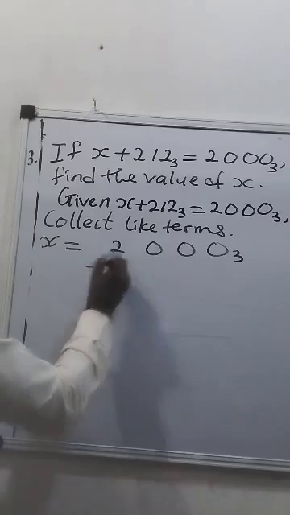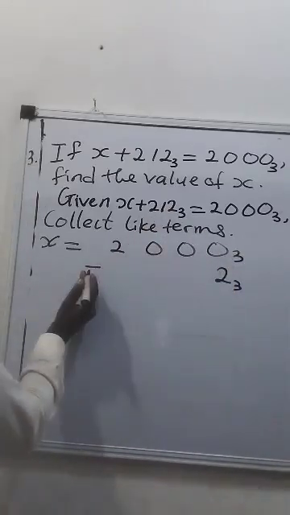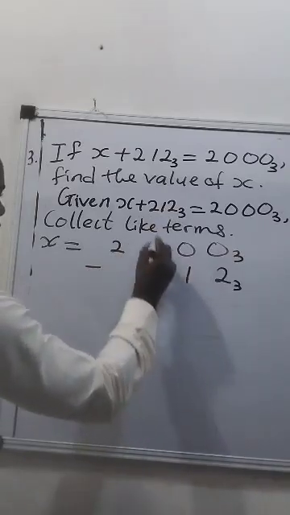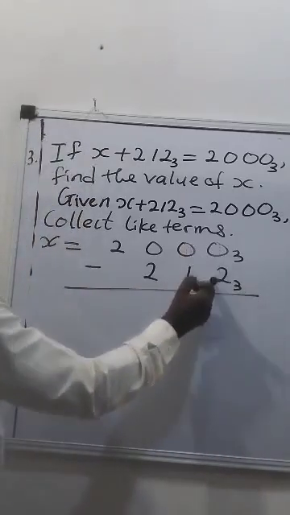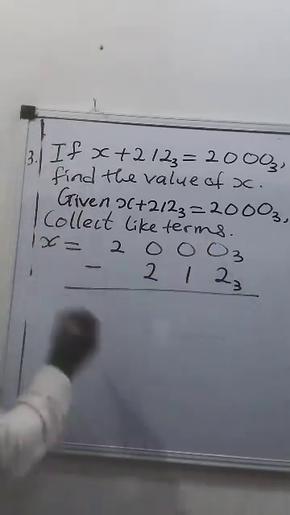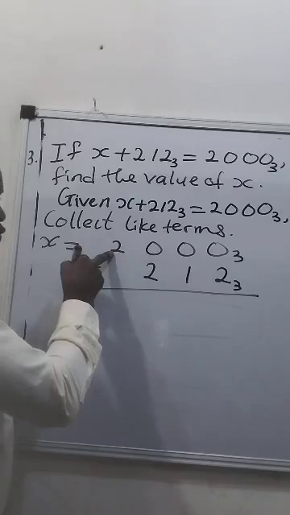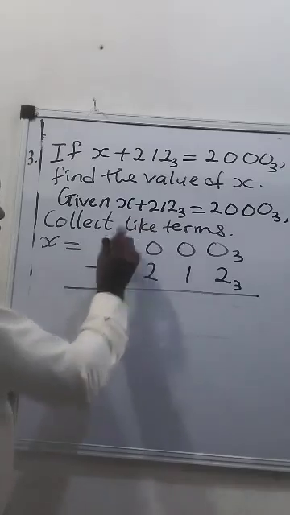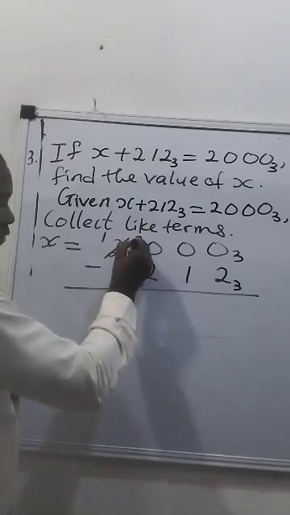So minus 212 base 3. I will arrange from here to this other side. Then you have 1, you have 2. So we subtract. 0 minus 2 is not possible. So I'm going to take 1 from this 2 all the way from this place. So I take 1, remaining 1. So I will bring it here first.